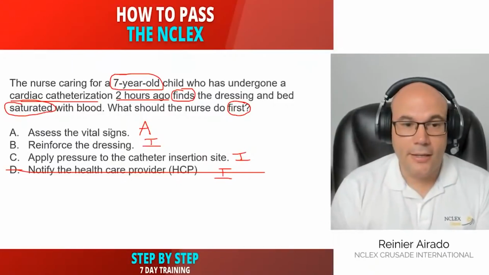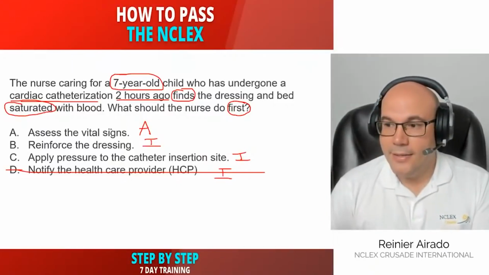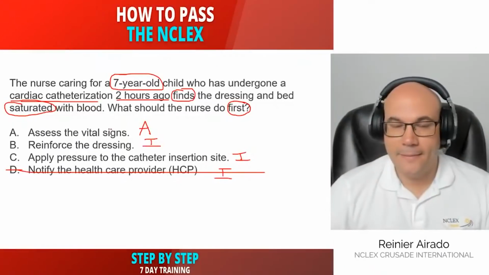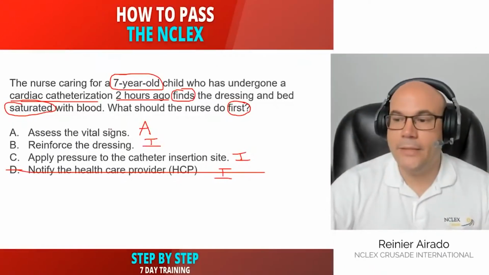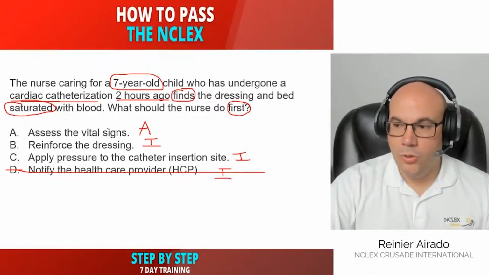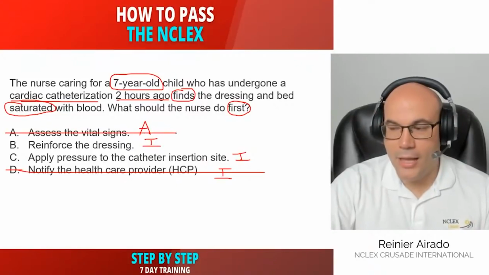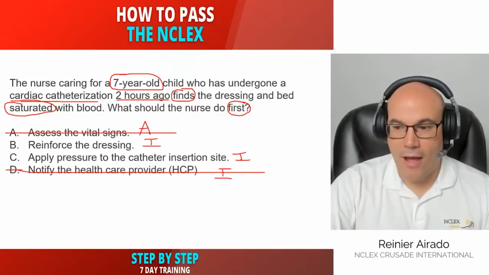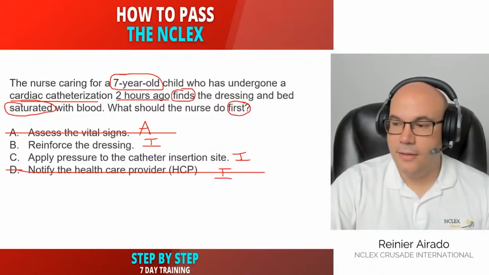This is an emergency. The patient is bleeding. There is saturated blood on the dressing and on the bed. We have to do something to assist the patient with bleeding. Therefore, I will eliminate assessment of vital signs. Now I have B and C.